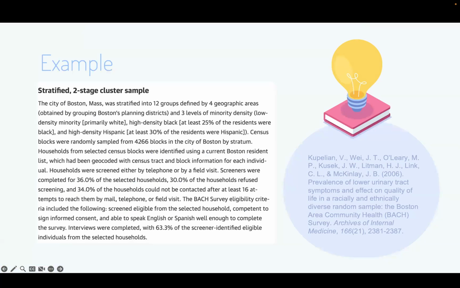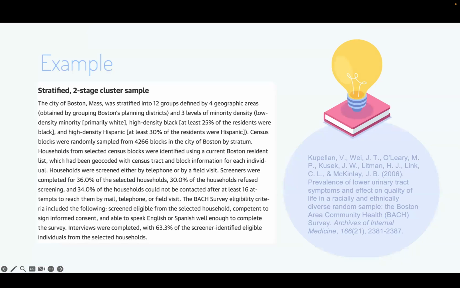The next step involves identifying households within these blocks using an up-to-date resident list. This approach exemplifies a meticulous planning process where random sampling is merged with quota sampling to balance representativeness with practicality.